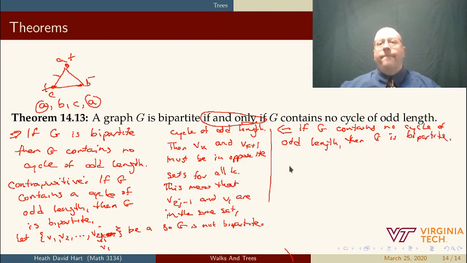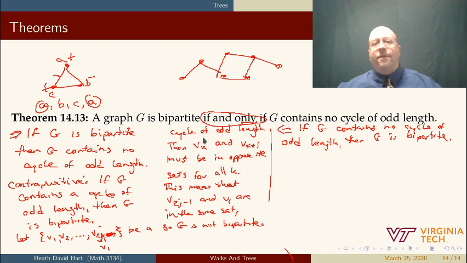Okay? So here's the idea behind the proof. Here's a graph that contains no cycles of odd length. It does have a cycle, but the cycle has even length.